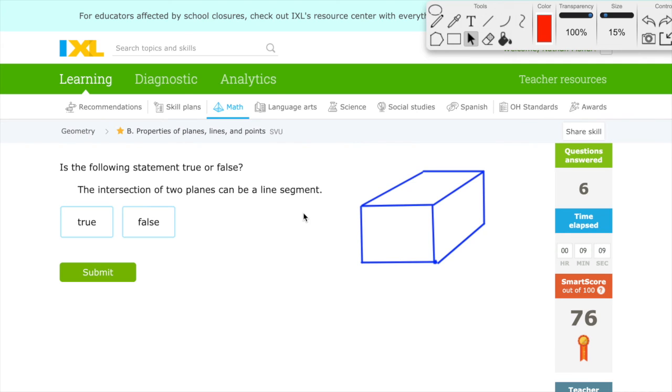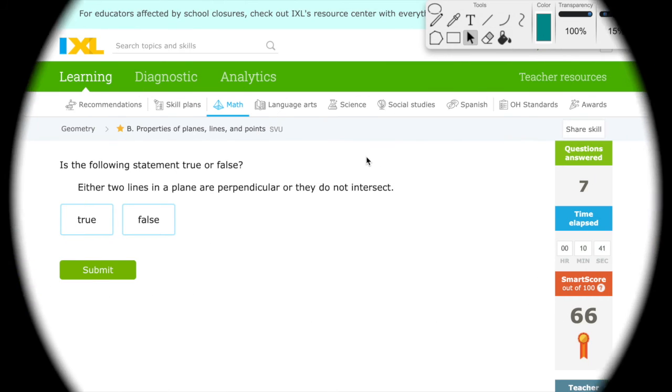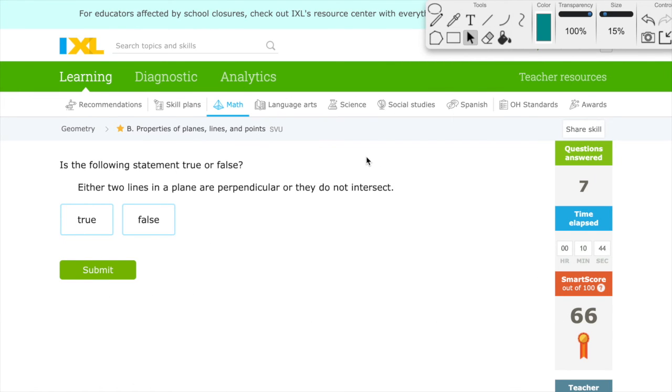The intersection of two planes can be a line segment. So for this one, sorry about that. Two planes or two lines in a plane are perpendicular or do not intersect. So think about what two planes would look like, or two lines in a plane. So we need a plane first. So remember, that's 2D. That's like one side of the shape we just had.